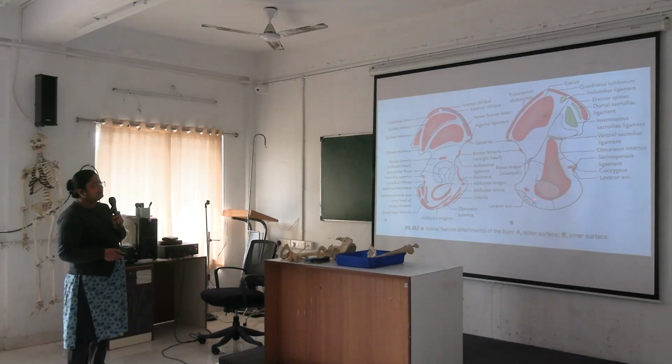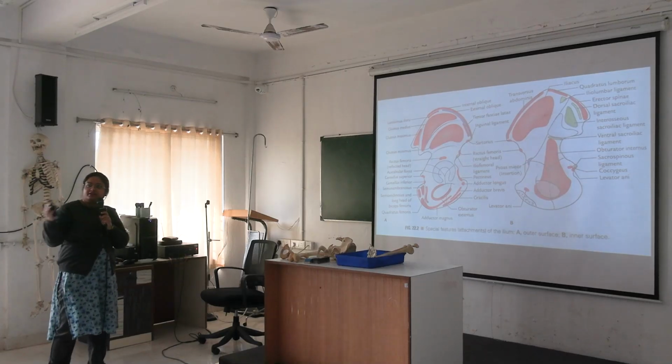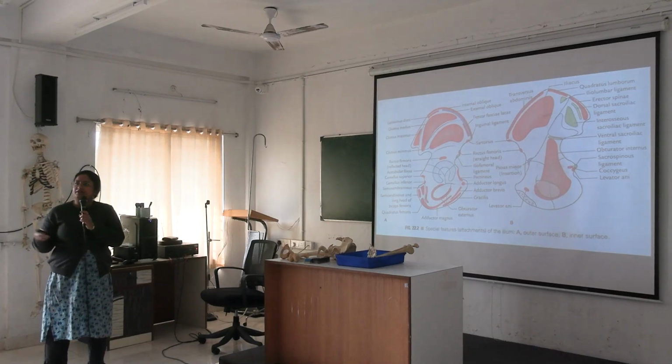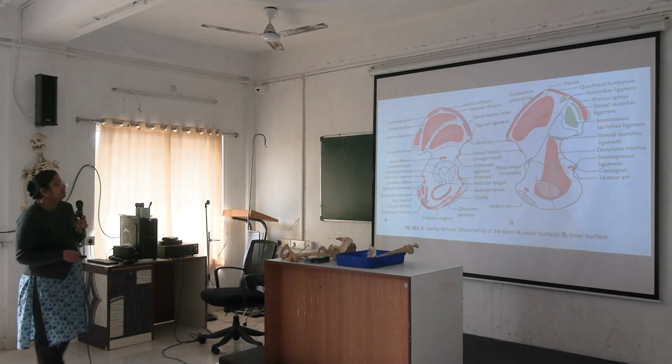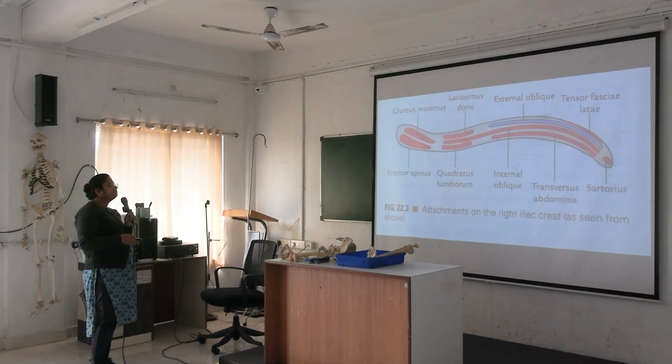And here levator ani, anteriorly it is originating, and posteriorly on the inner aspect of the ischial spine, levator ani and coccygeus are attached here. And they form the pelvic diaphragm. So these are the muscle attachments over the hip bone.